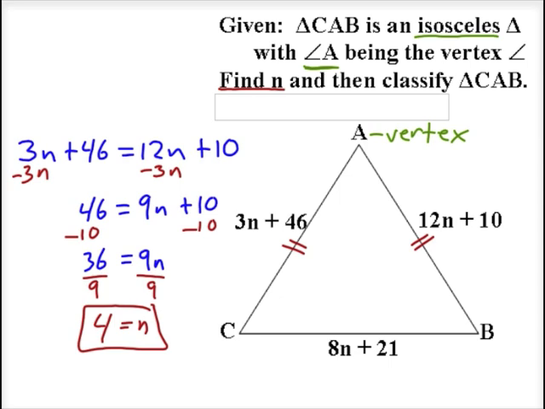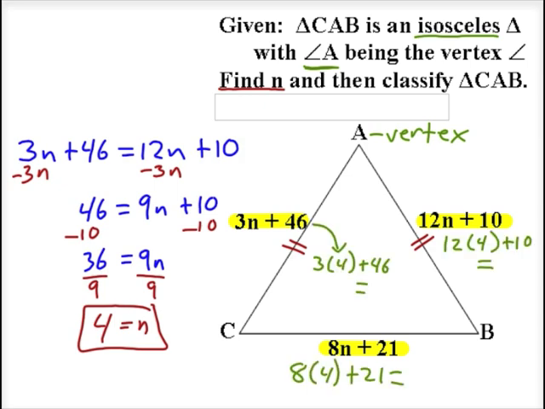Now we need to classify the triangle. In order to classify the triangle, we need to figure out how long its sides are. So we'll take that value of n and substitute it into each of the three side lengths: 3n plus 46, 12n plus 10, and 8n plus 21. So 12 times 4 plus 10, that's 48 plus 10, is 58. And likewise, 3 times 4 plus 46 is 58.